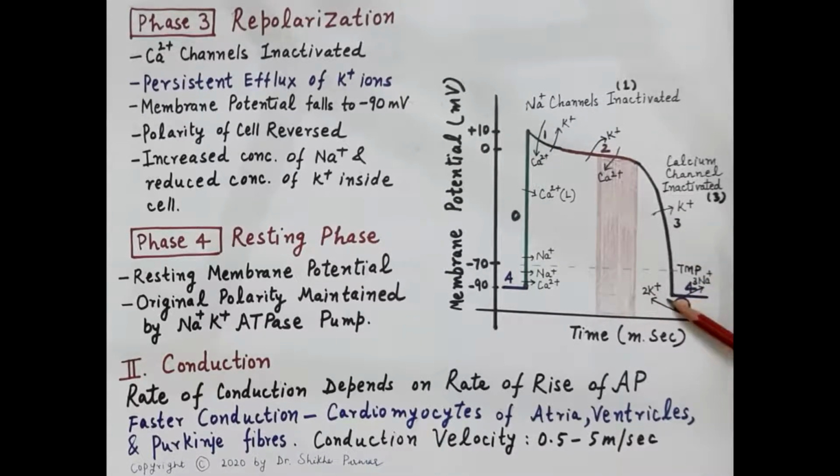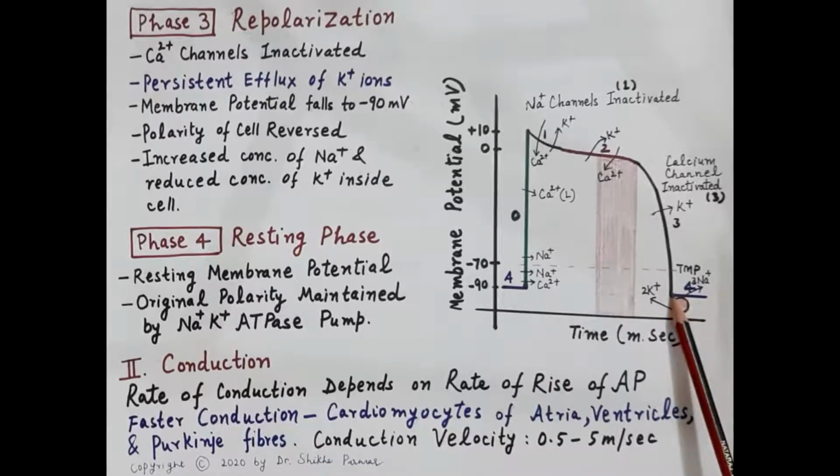Now, at the end of phase 3, the normal membrane potential of the cell is attained, but the polarity of the cell is reversed. That means earlier, in phase 4, there was more potassium inside the cell, but at the end of phase 3, there is more sodium inside the cell and more potassium outside the cell.